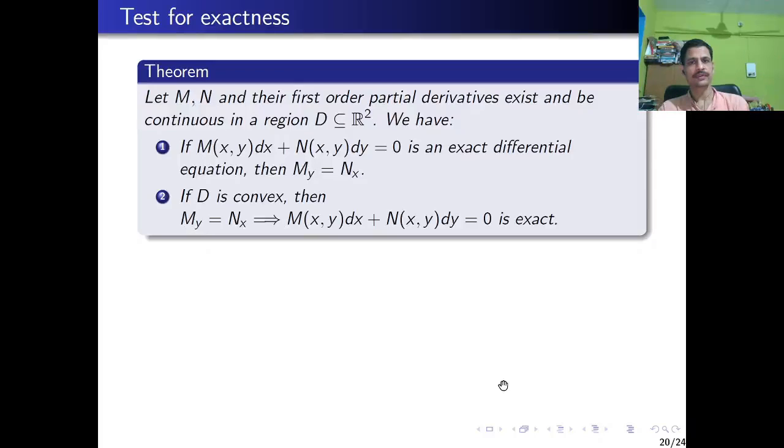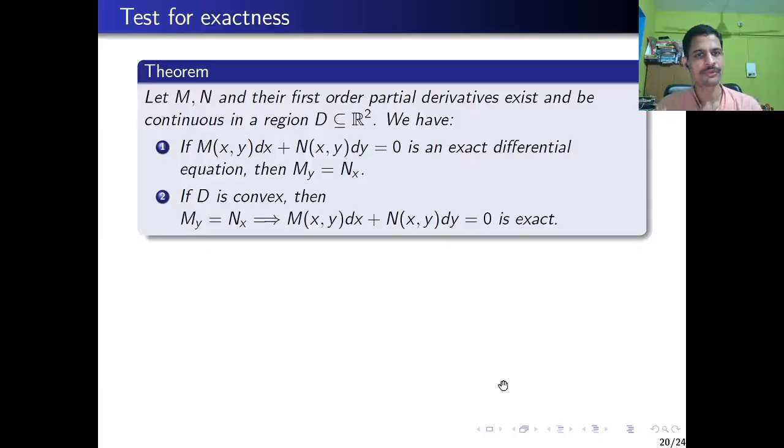So if we are given a first order differential equation, first order ODE, then first using this test, namely checking whether n_x is equal to m_y, you can determine whether the given first order ODE is exact or not.